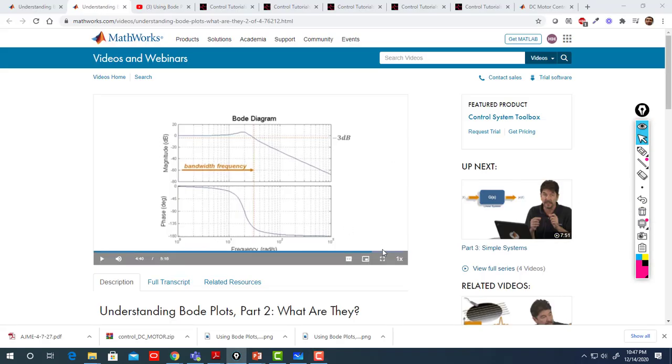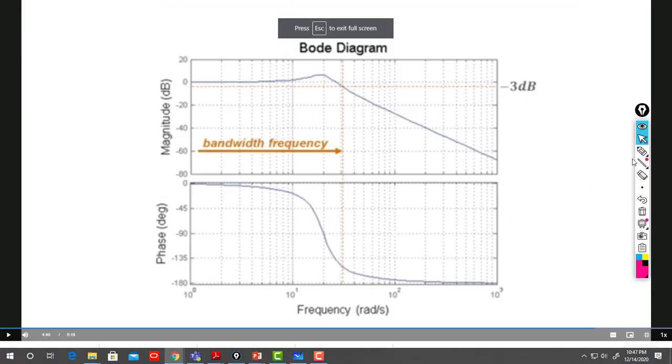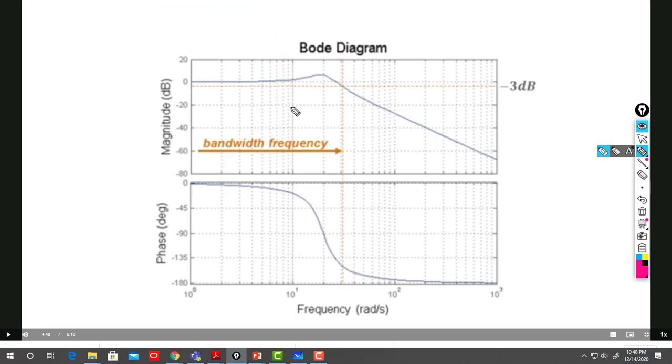So basically, as you can see in here, assuming this is your closed loop Bode diagram, you go to -3 decibel, which is here, and then you find the frequency, and this frequency is the bandwidth frequency of your system.